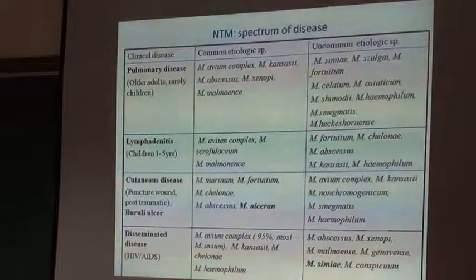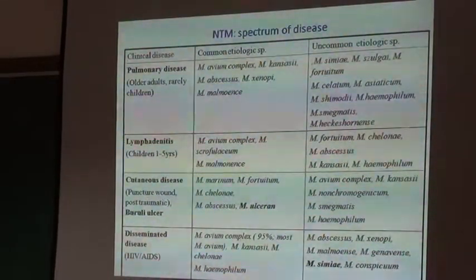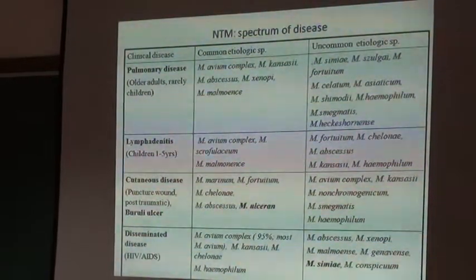Pulmonary disease most commonly occurs in elderly patients, and the most important classical NTM species that cause pulmonary disease are Mycobacterium avium complex, followed by Mycobacterium kansasii and Mycobacterium abscessus. Similarly, lymphadenitis occurs in children aged 1 to 5 years, and the most common species isolated from lymphadenitis is Mycobacterium avium complex, followed by other species.